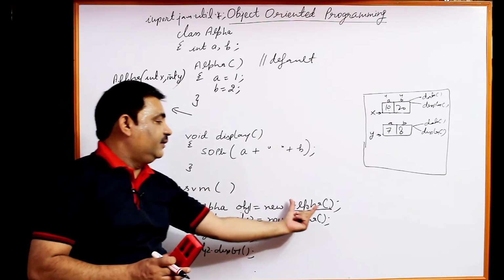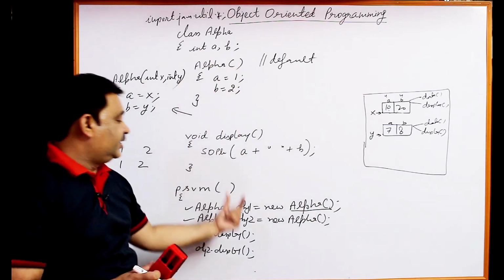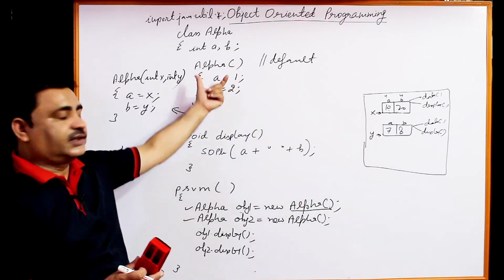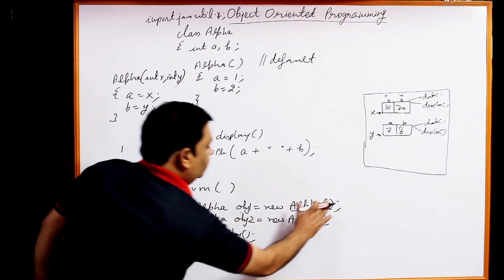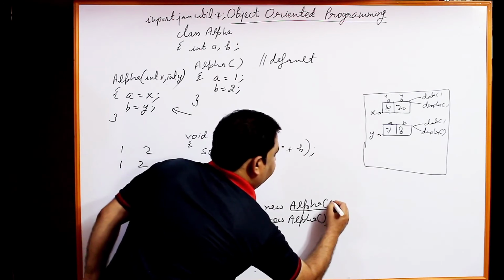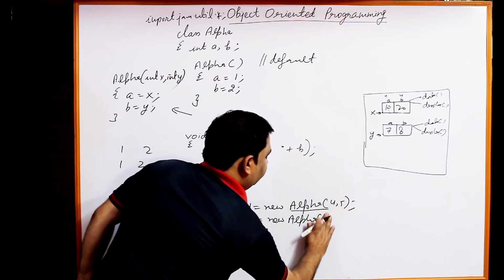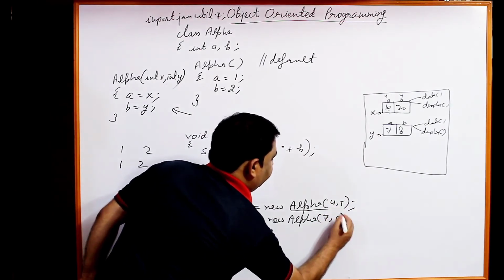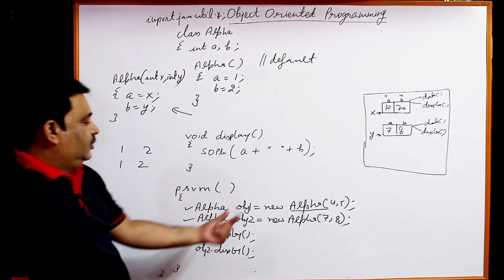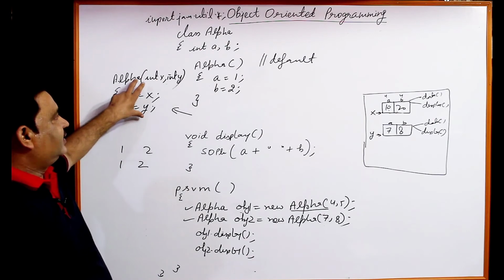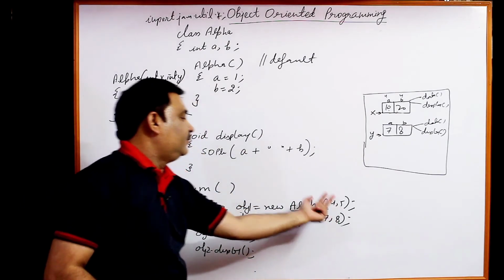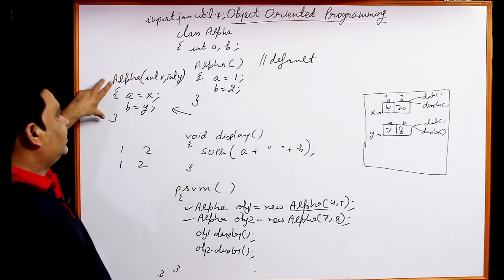Object 1 equal to new alpha, here default constructor will be invoked. Same in second case also default constructor will be invoked. But how can you invoke the parameterized constructor? When you supply the values here like 4 and 5, here 7 and 8. So here which constructor will be invoked? Parameterized. Here parameters are matching, two parameters are there, so this constructor will be invoked.